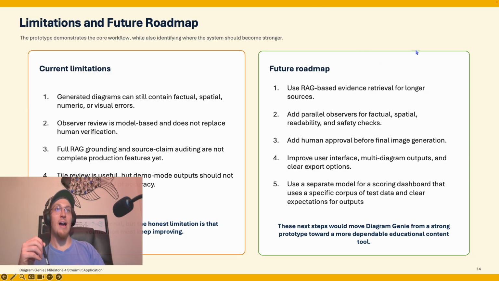I've also added that you should improve the user interface in order to be able to make multiple diagrams at a time, really allow people to be creative with what they're creating, and have more clear export options because the export options are not very clear in this app. Furthermore, use a separate model for the scoring dashboard that can use a specific corpus.